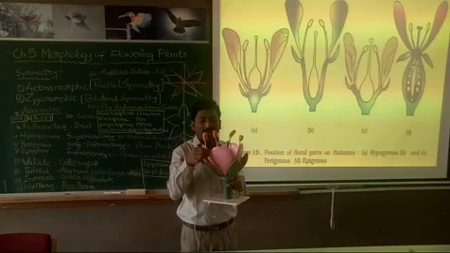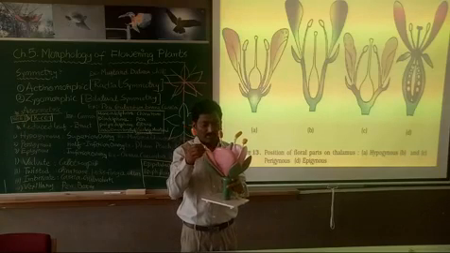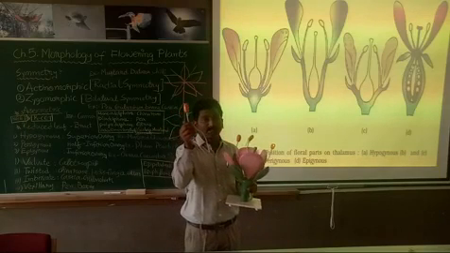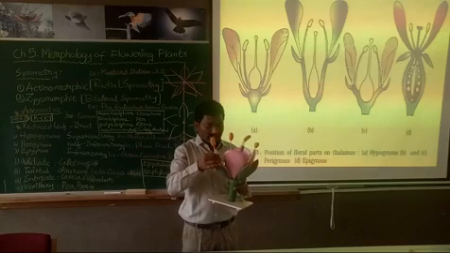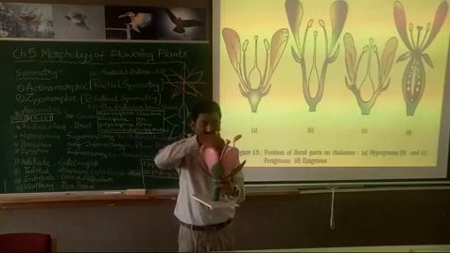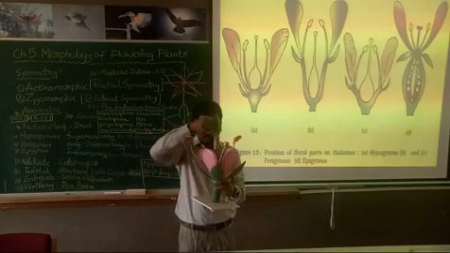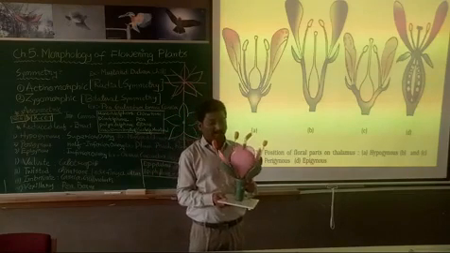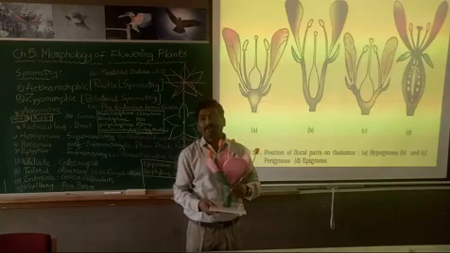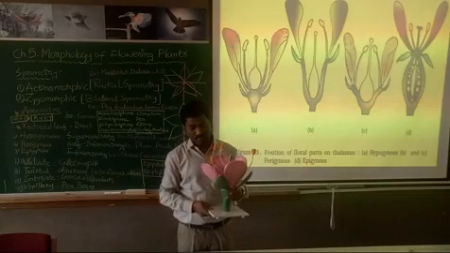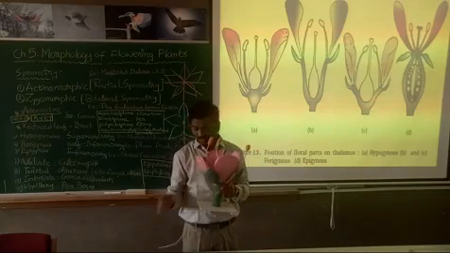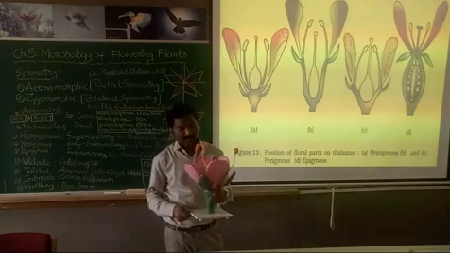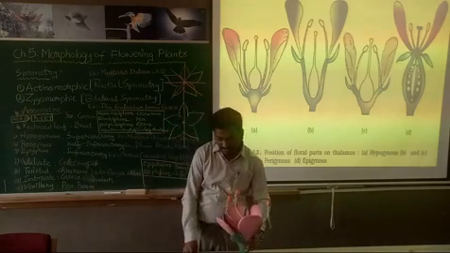The male reproductive part is androecium, which consists of a number of stamens, and the female reproductive part is gynoecium, which consists of carpels. So this flower has both male and female reproductive parts, and is named a bisexual flower. You can take the example hibiscus. Hibiscus is the example for a bisexual flower.